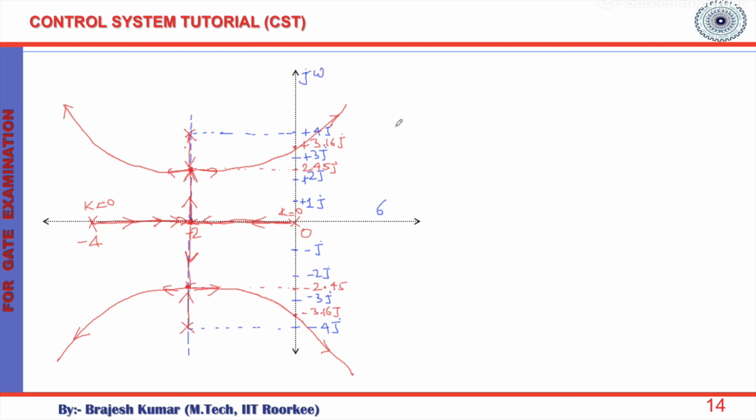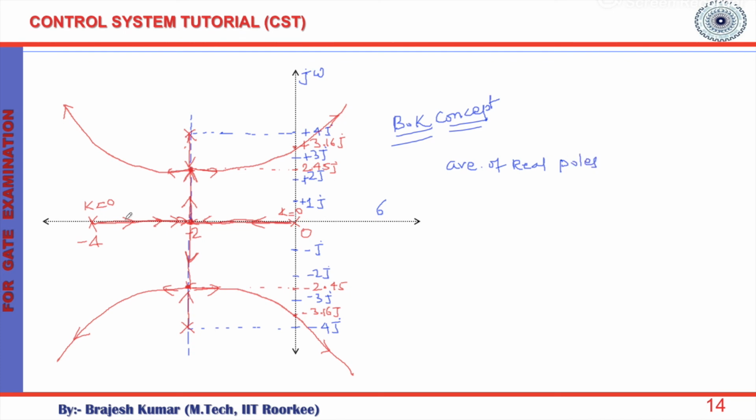So let us have a BK concept here so that such questions will not put you in trouble. The BK concept says that when the average of real poles, right? Average of real poles.